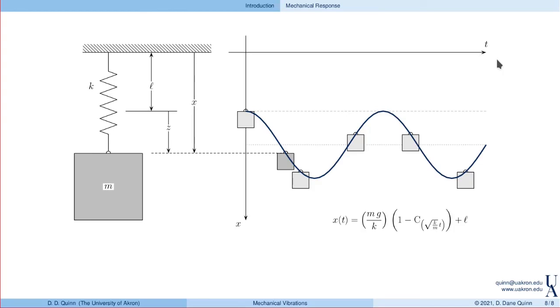So as time goes on, we see that the response oscillates. So here, this is the unstretched length. This is the initial displacement. We let it go, and the mass begins to fall. So here I'm sort of illustrating this mass at various times.